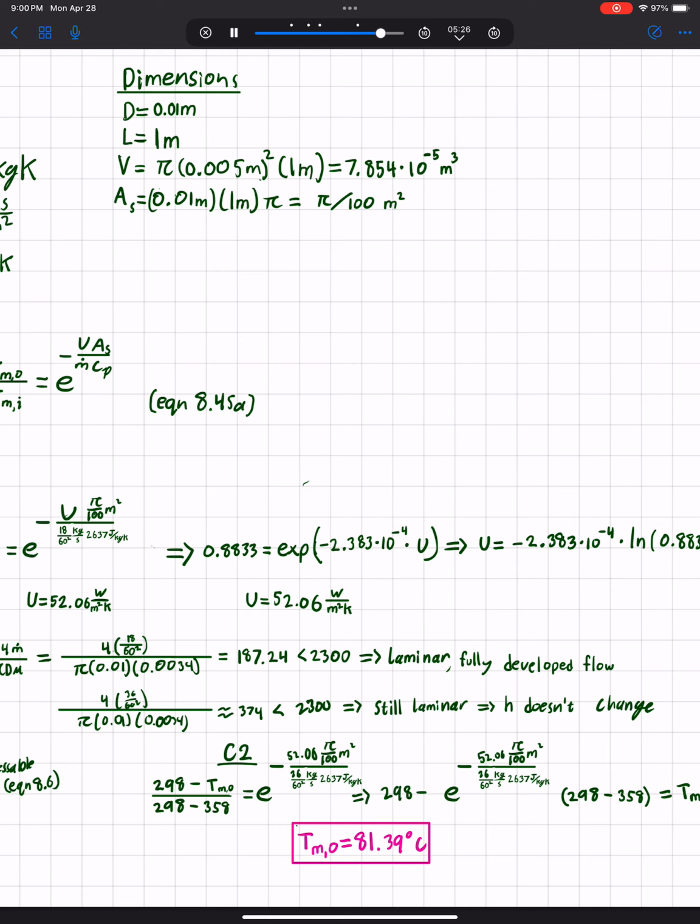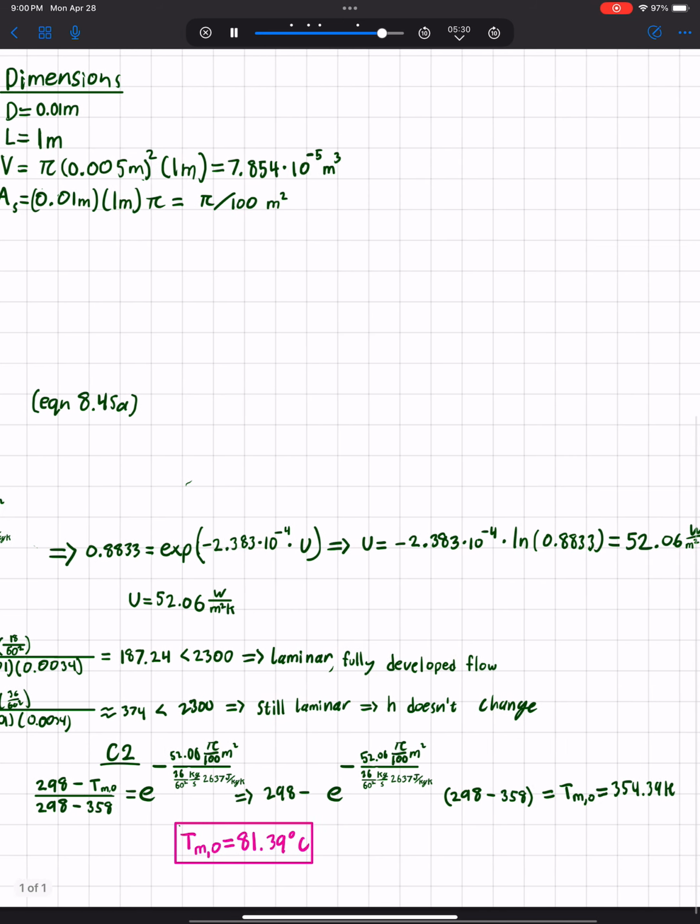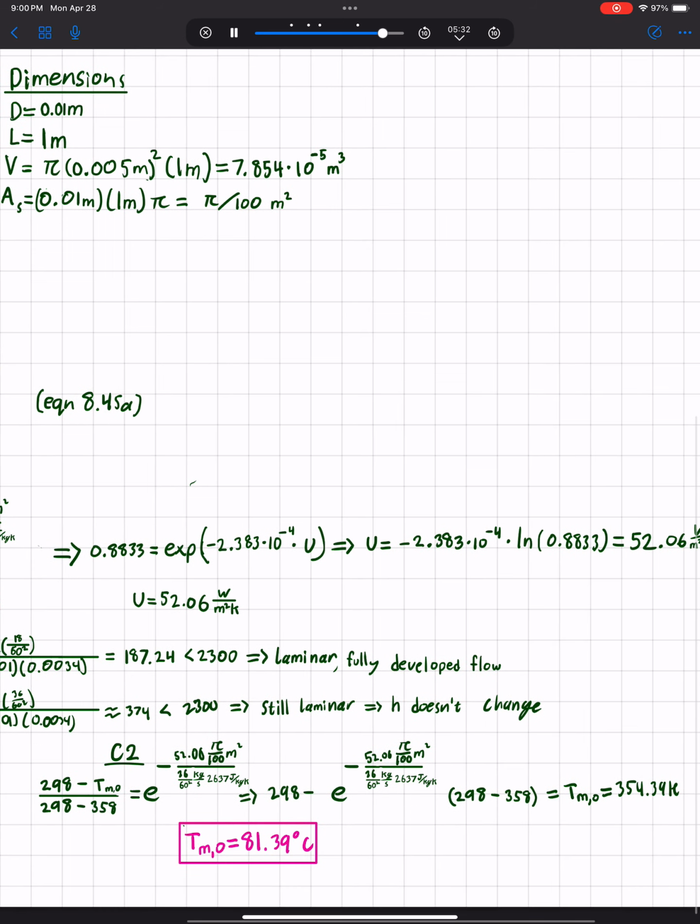So for case 2, everything stays the same. Go back to the equation with delta T_o versus delta T_i, and you just refill in the values, but this time you have U, but you do not have T_m,o.